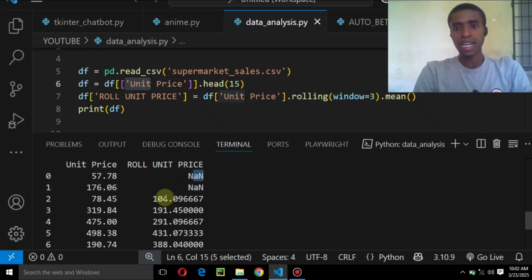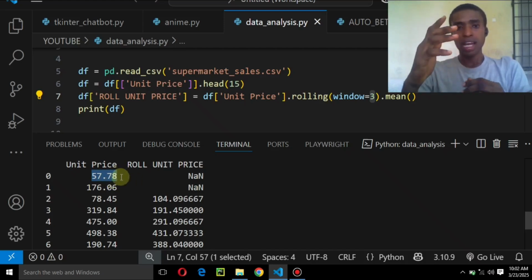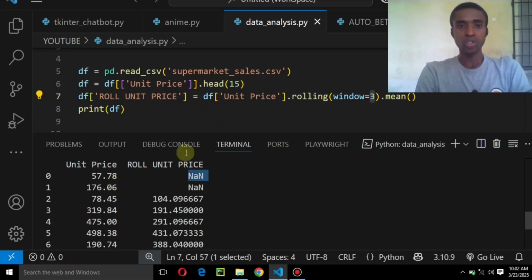What is actually happening here? Like I said, since I set our window to 3, it's going to come here and pick this first row. Since there are not 3 data points available before this 57.78, it sets our row unit price to none. Then it came to the second row, and since the first value was 57 and the current row makes it only 2 rows available, it also set it to none.